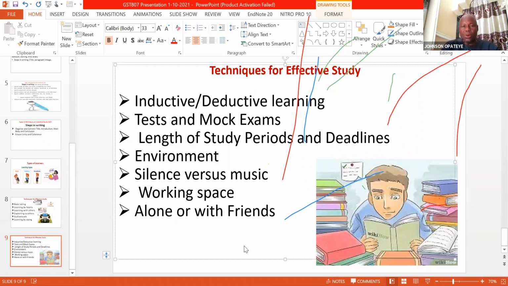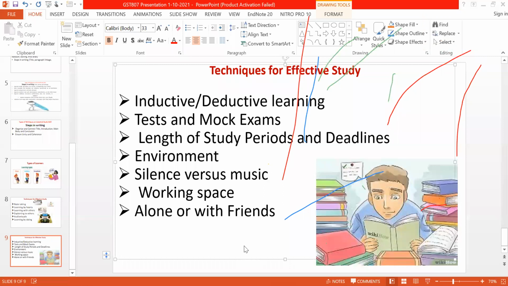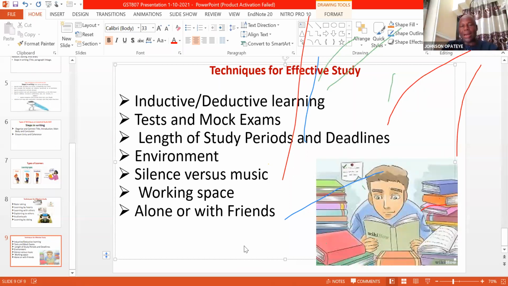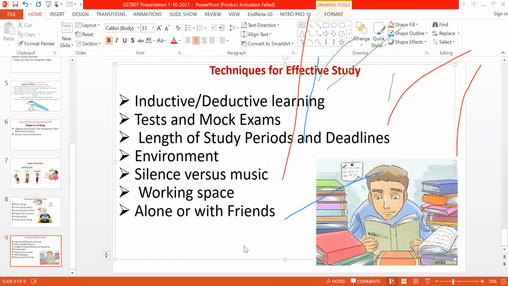Now we want to seek why that is so, and we give several reasons. That is deductive. So when you start from specific to general, you are deducting. When you start from general to specific, you are an inductive learner.